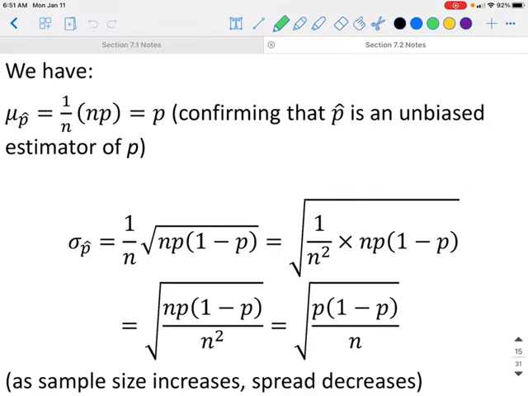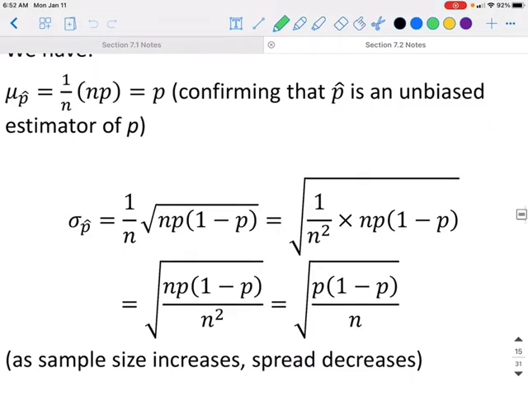To find the standard deviation, remember you're just going to do 1 over n times the standard deviation for x, which is the square root of n times the probability of success times the probability of failure. To get rid of that square root, we can square both sides. So we end up with 1 over n squared times n times p times 1 minus p.